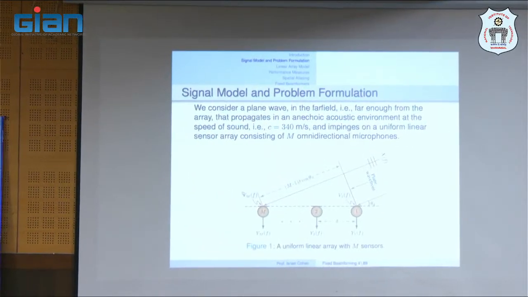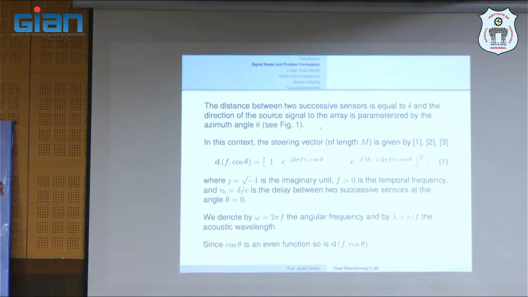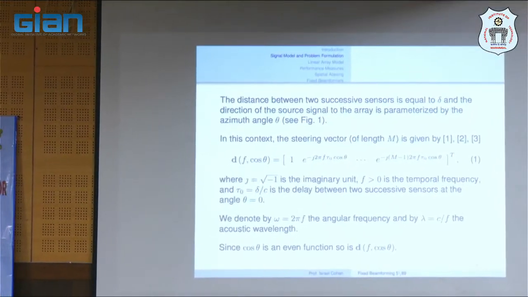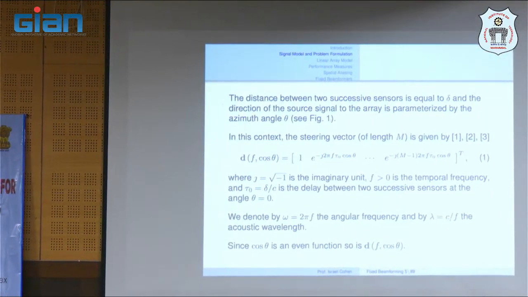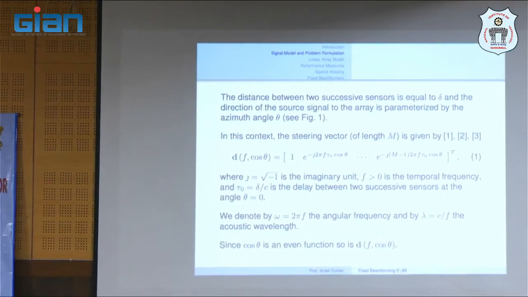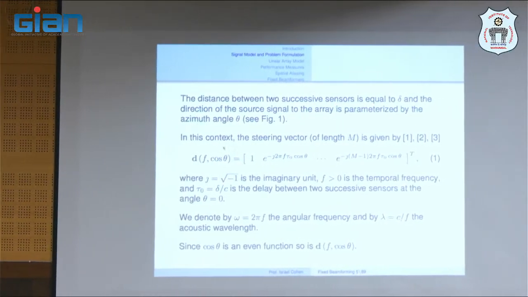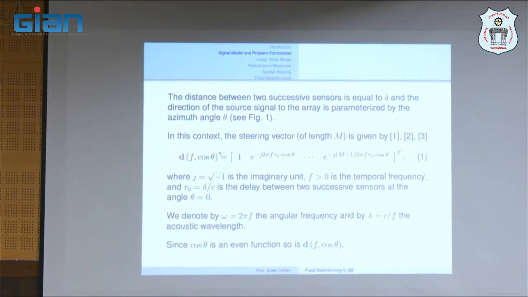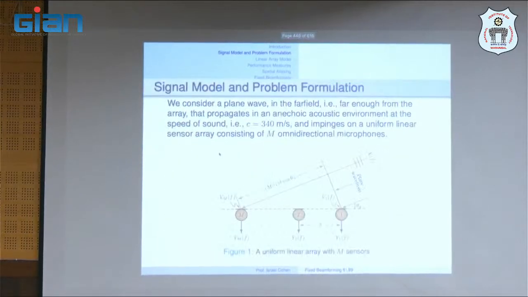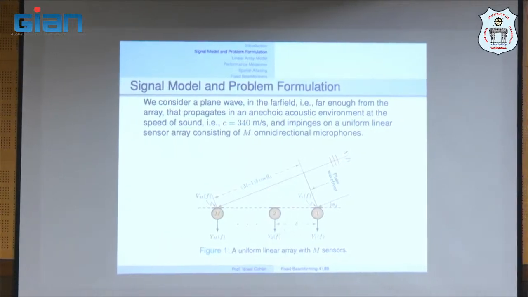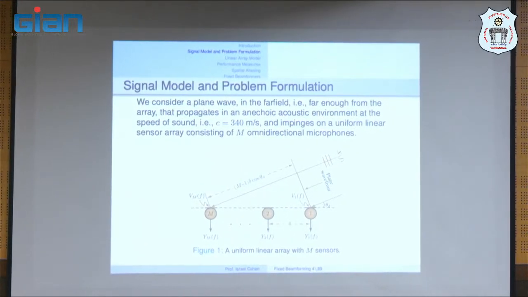Okay, so this is the model like we did before. So first we define the steering vector for a certain direction. This is the steering vector for a certain direction. For this kind of array, uniform linear array, just like we did before. So we assume uniform linear array with inter-element spacing equals to delta.